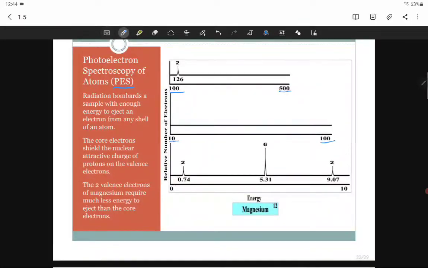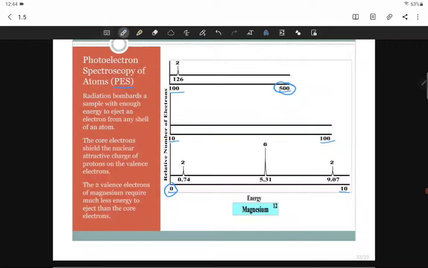This is one graph. It's just too long to put lengthwise, so they separate it into 3 parts. It looks like that's the highest energy, and that's the lowest energy. These don't all go from 0 all the way out to 500.